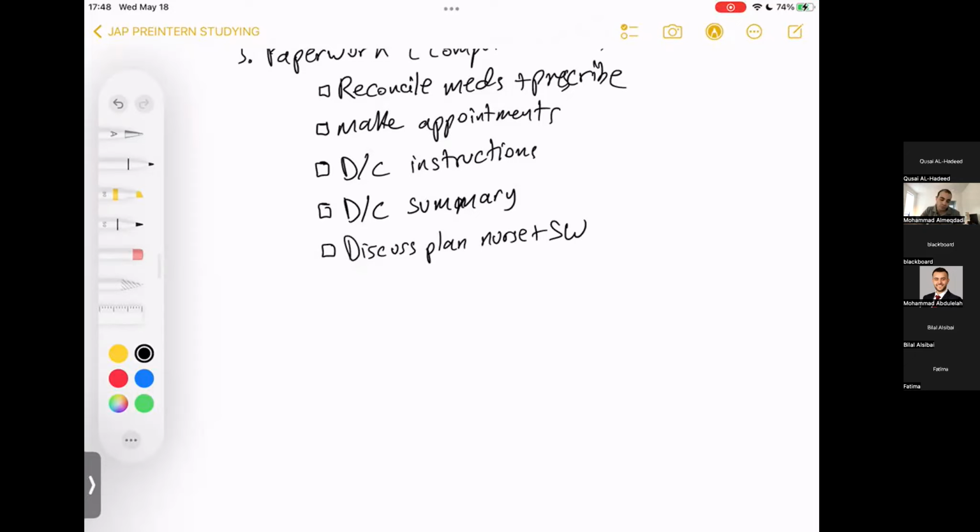So you have to discuss the plan with the nurse and social work, and book the ambulance. They usually do that. Okay, and then finally, the easiest part is you have to place a discharge order in the system, in the electronic medical record, in the EMR. And that will kind of end the deal for you. You discharge the patient, all is good.